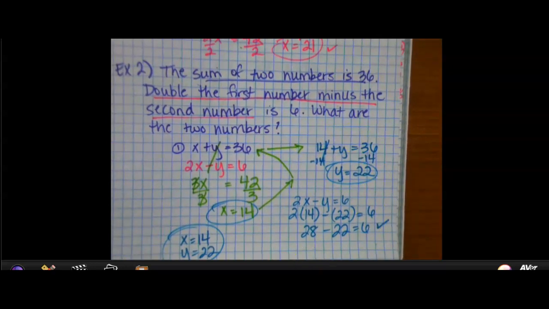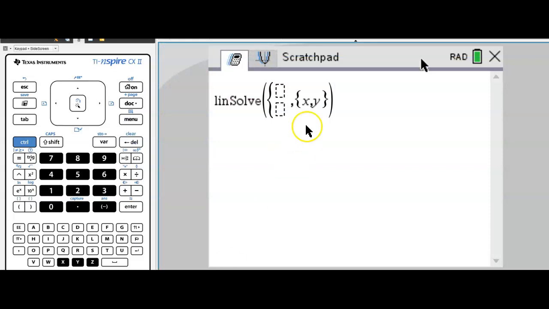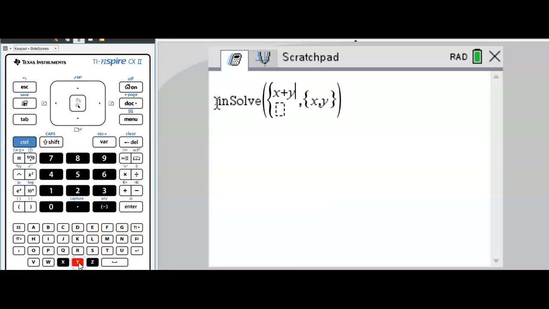So in your handy dandy calculator, in this first box, you're going to type in x plus y equals 36. So your x is down here, x plus y equals 36. Then you use the down arrow to go into the next box. And my next equation was 2x minus y equals 6.